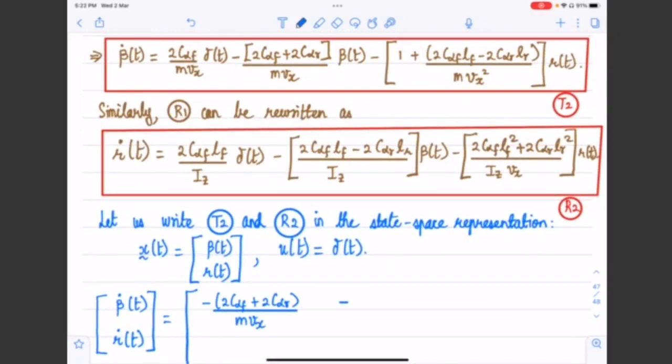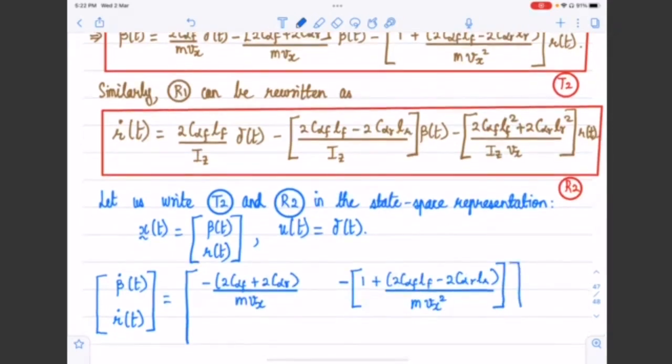The coefficient which multiplies r of t is minus of 1 plus 2C alpha F LF minus 2C alpha R LR divided by m Vx square.